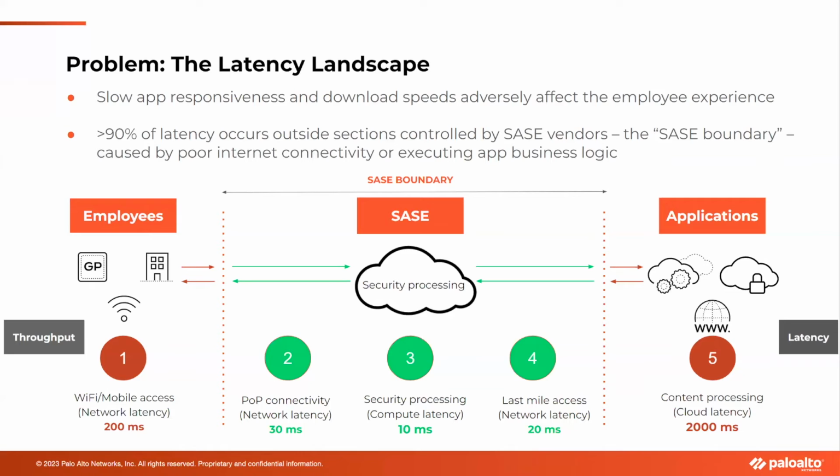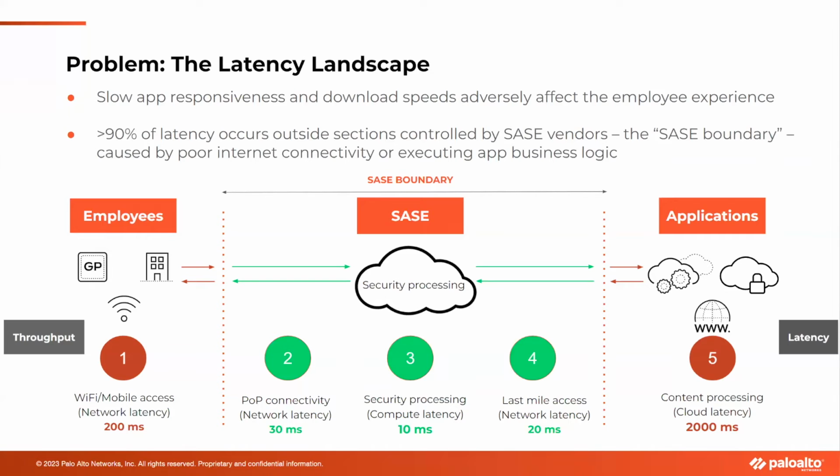For example, when you are trying to access a Salesforce app, the majority of the latency is around content processing. So you might have a great experience on the left-hand side, from a SASE boundary, like SASE processing or your Wi-Fi, mobile access, etc. But in most cases, the majority of latency happens in the content processing part, so you might have a bad experience there.